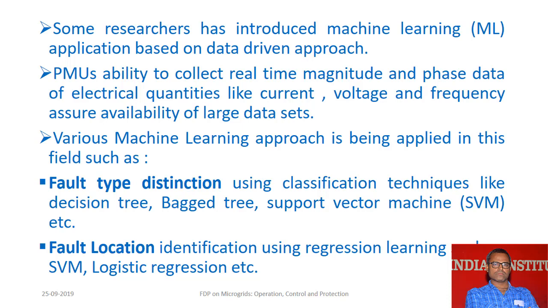We'll talk more about machine learning and data analytics in our later classes. Those will give the basic idea of machine learning and data analytics. So this is fault type distinction, where SVM is used, and also finding the fault location, right?